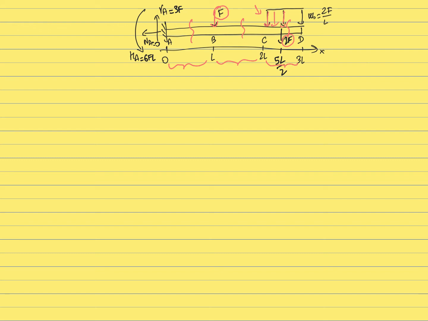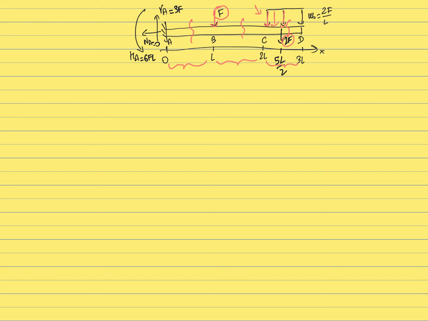So in general, you will need to apply the method of section everywhere in between the concentrated loads and concentrated moments, and in between the points at which you have a change in the distributed load. Every time you see some concentrated moments, concentrated loads, or some sudden change in the distributed load, you will need to consider these as boundaries for the different cases. You will need to consider different cases in between all of those events.